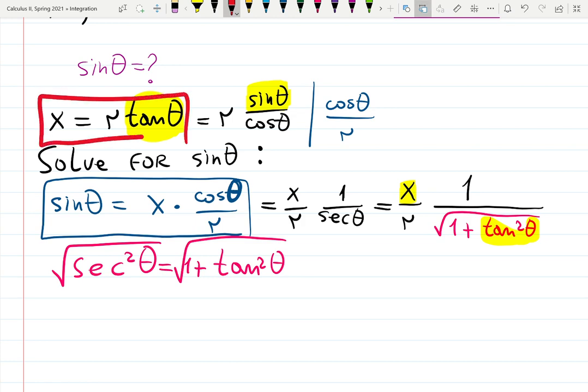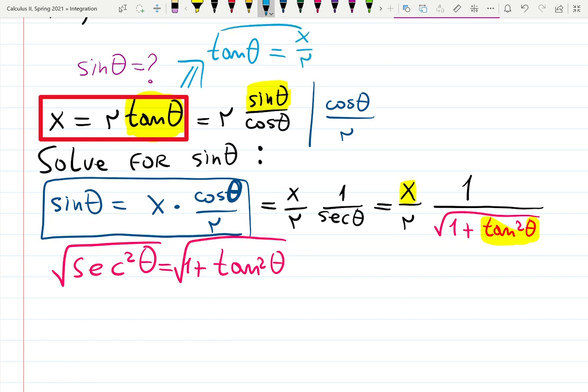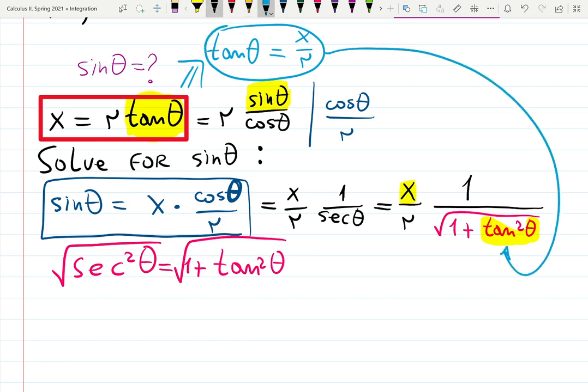From this box, we not only found sine theta, but we can also solve for tangent theta. It is x over r. Then let's take this and plug it over here, and we are done getting rid of theta without even using any right triangles. So it's going to be x over r, 1 over a square root of 1 plus tangent squared.